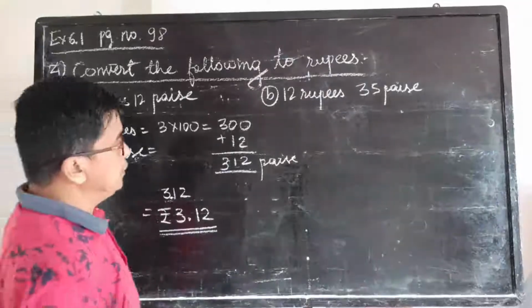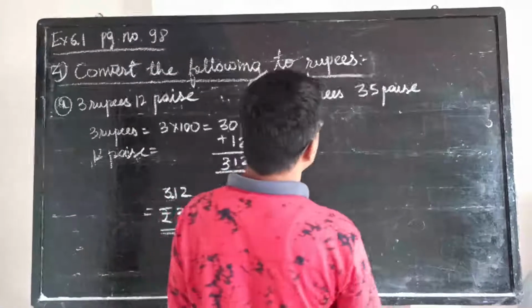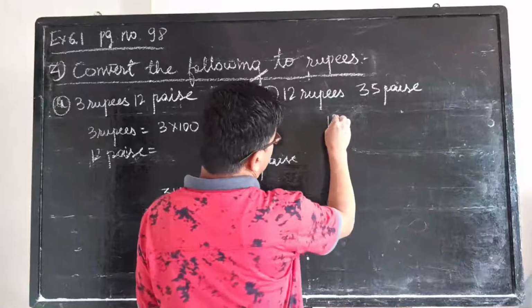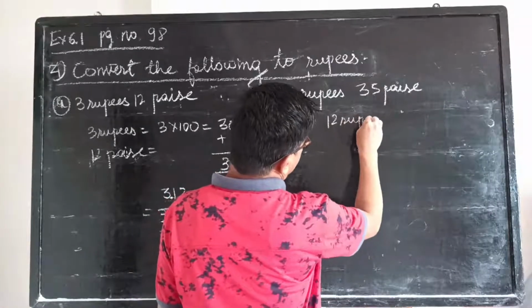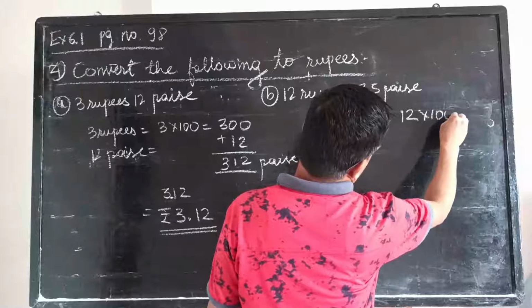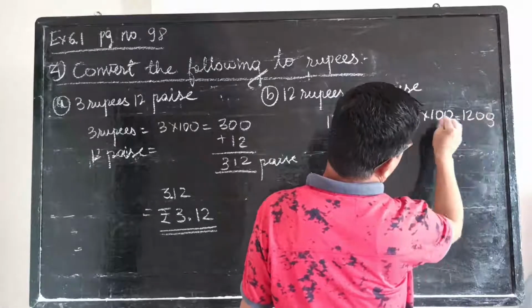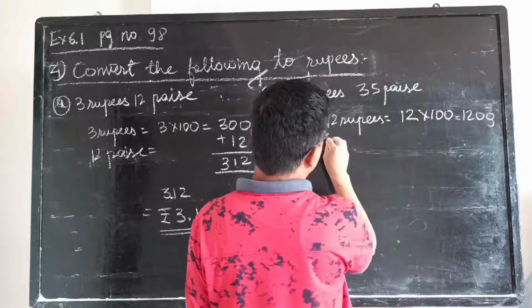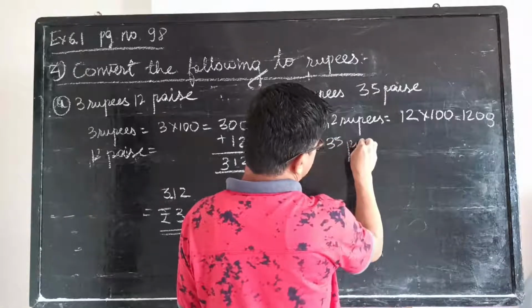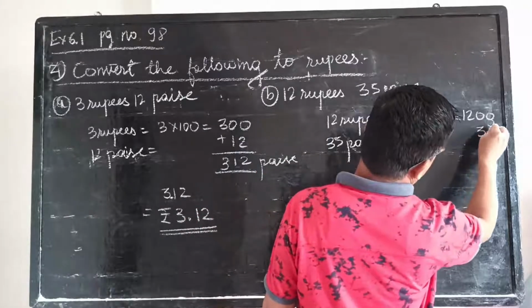Now here, this one will be B. 12 rupees 35 paise. Now 12 rupees you convert into paise. 12 into 100 is equal to 1200. Write 12 and put 2 zeros. Here 35 paise is equal to 35 only.